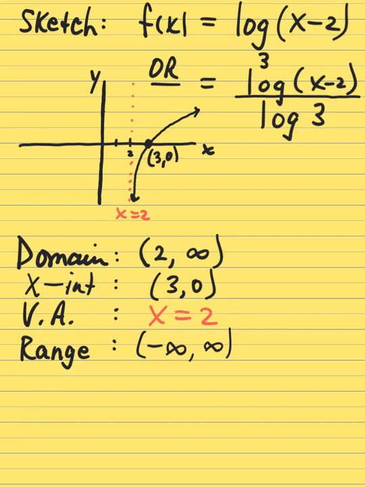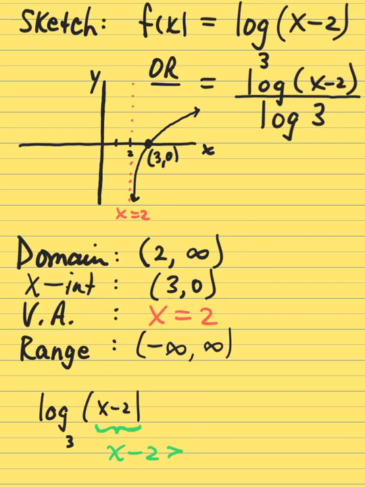Now let's investigate the way to find the vertical asymptote and the domain without necessarily graphing. We had log base 3 of x minus 2. Now this part of your logarithm has to stay positive. Like if you were to simply on your calculator type in log of 0 or log of a negative number, you wouldn't get a real number answer.